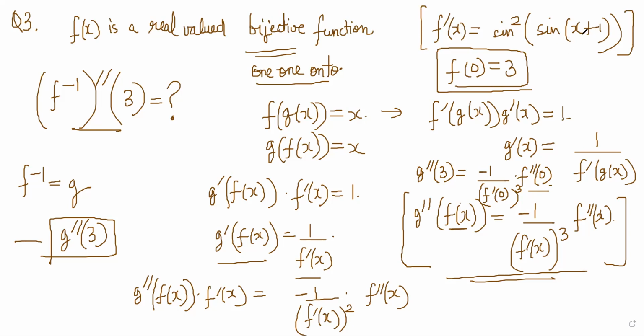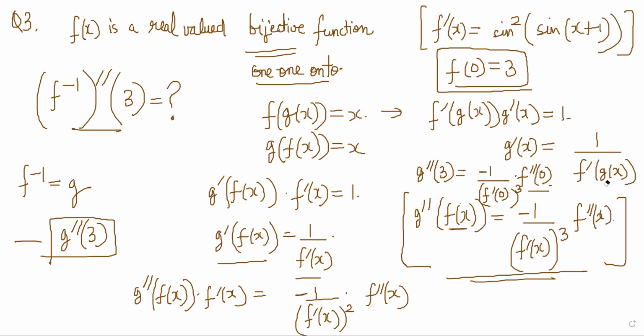So the idea is, whenever the inverse derivatives are being asked, you should always think of doing something like this. f of g of x is x, g of f of x is x. And if you differentiate any one of them, you might get something convenient to handle.